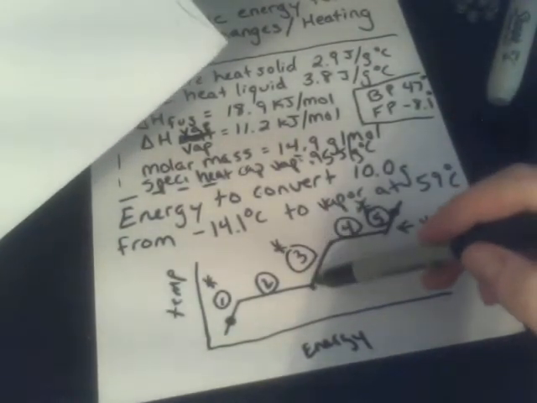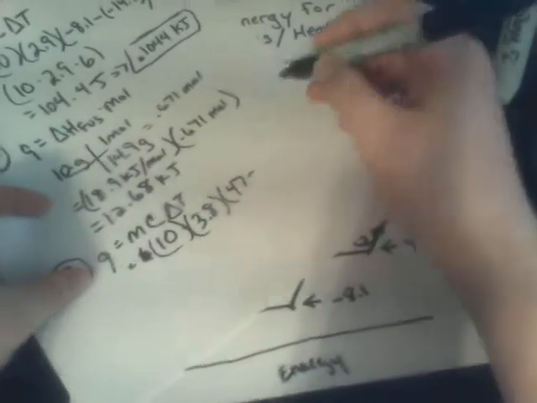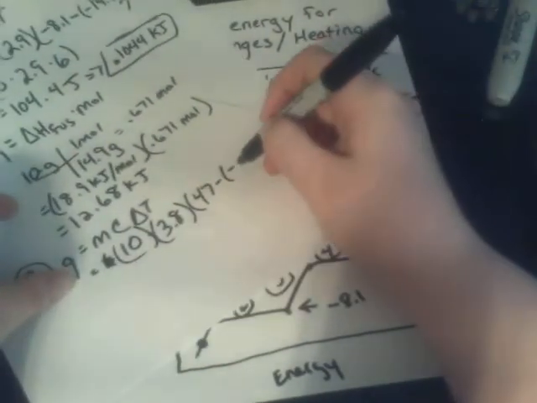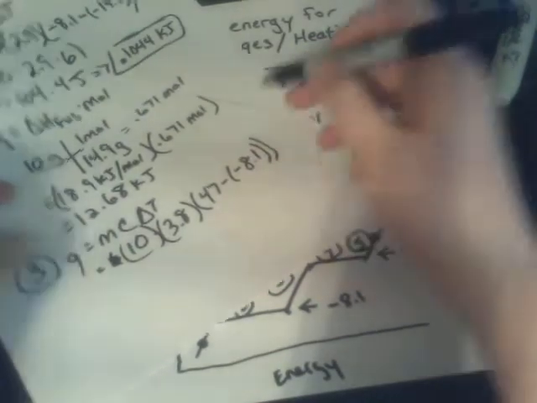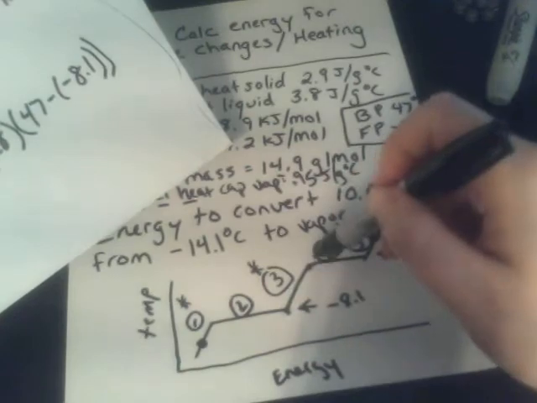And my delta T. All right, so I'm at negative 8.1 degrees Celsius here, and I'm trying to get to 47. So it's going to be final minus my initial. To go from here to here, you're going from the freezing point to the boiling point.